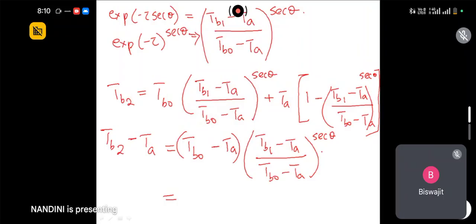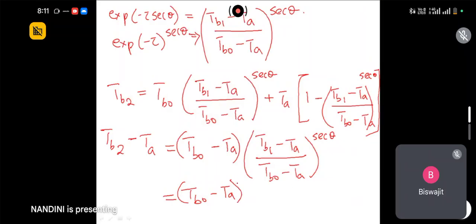Theta is basically 30 degree. So sec theta is basically 1.154.